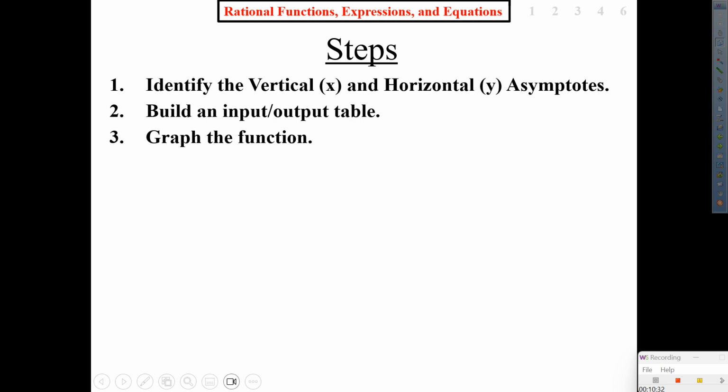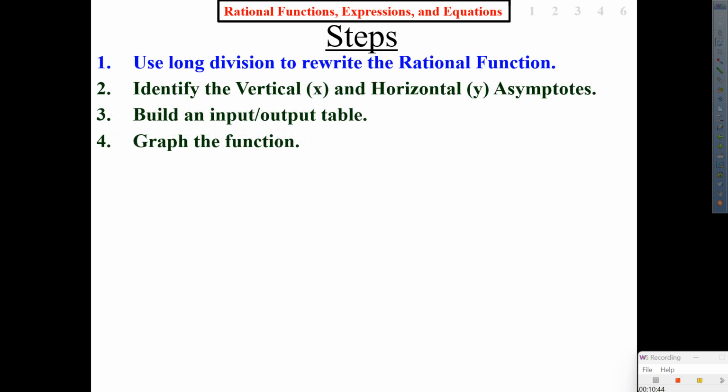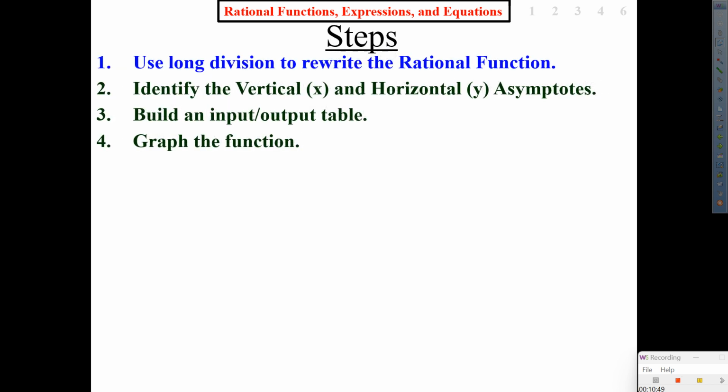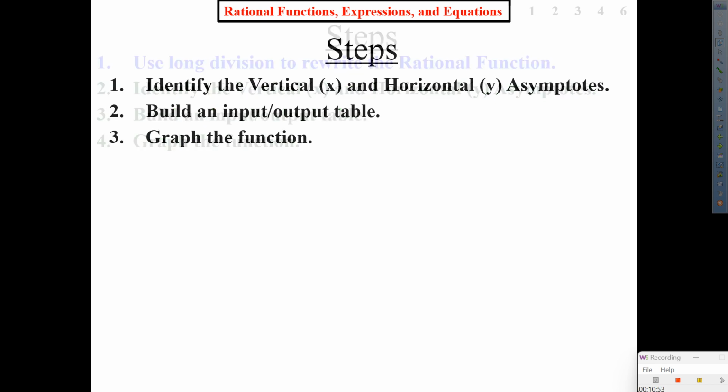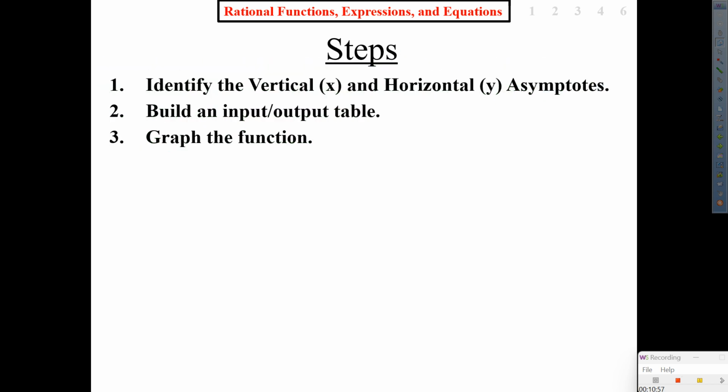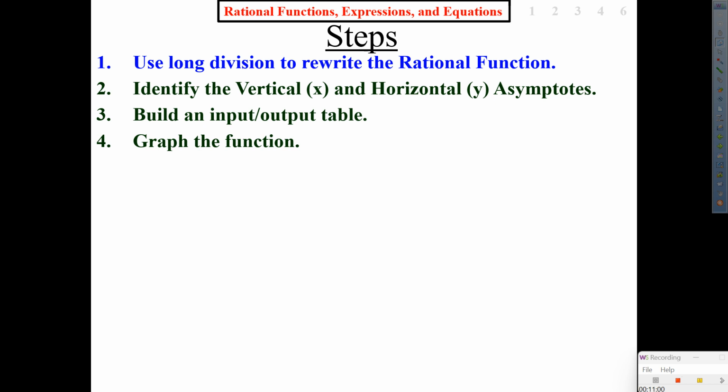This week, these are the steps. So what's the only thing that changed, Jay?